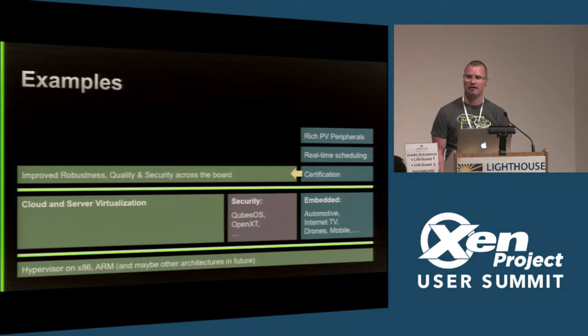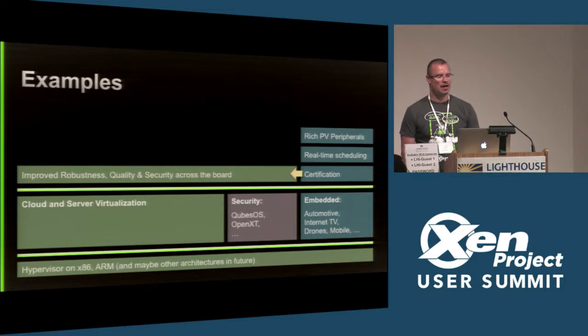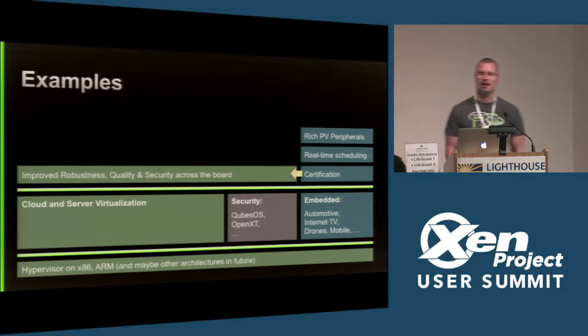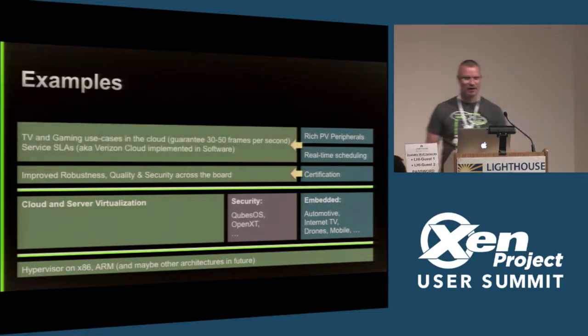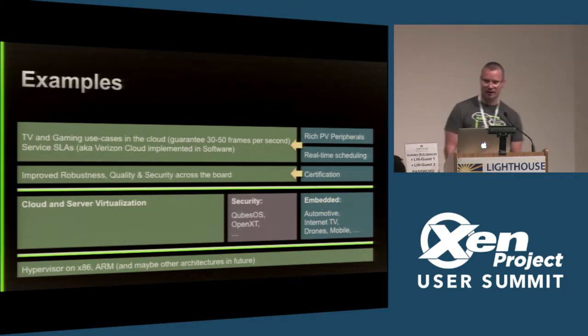So we have companies currently developing PV drivers for graphics, for touch screens, for all sorts of I/O devices which are important in the consumer space. Again, that's good for the cloud and server virtualization space, because it enables things such as TV and gaming use cases in the cloud. And where those exist, it will make those better.